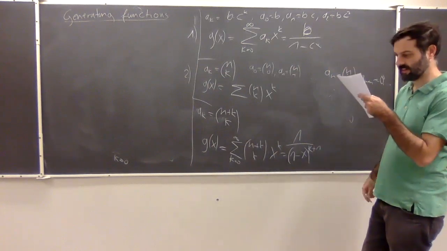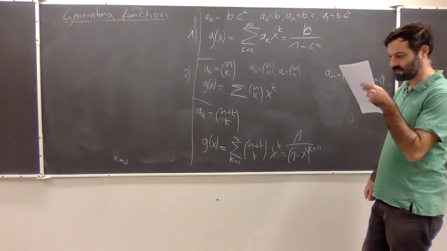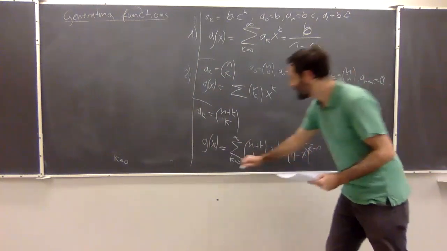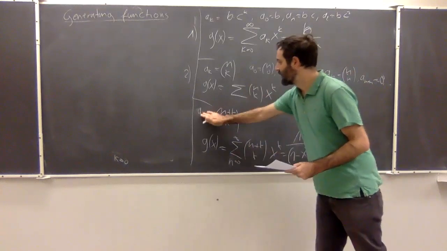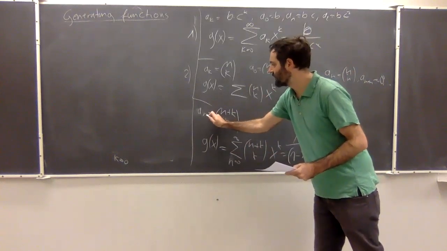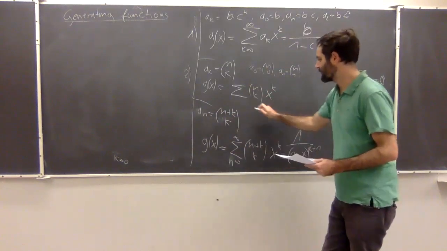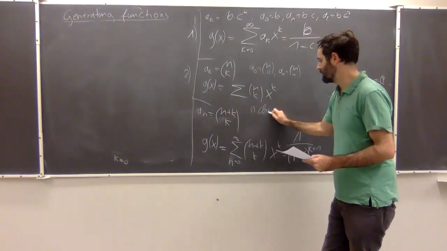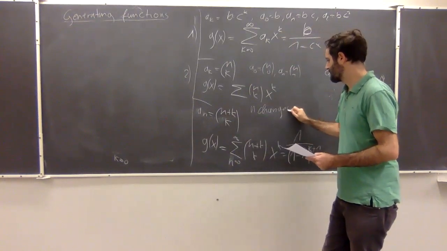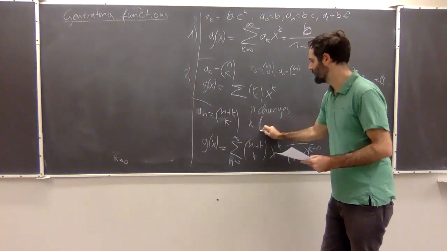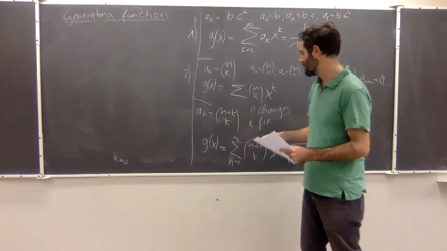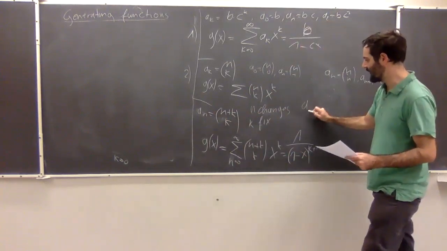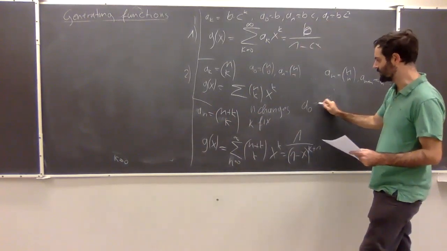So, wait a second, I think I made a... Yeah, so there's also a mistake in the script, and I just copied it. I want to consider this as a sequence where the n changes. And the k is fixed. So my first element is A0, where I'm plugging in n equal to 0.